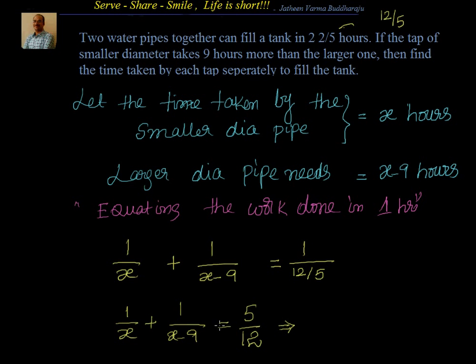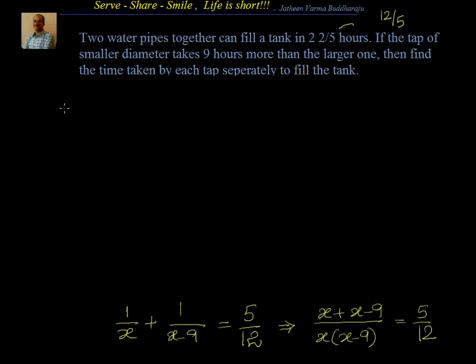We can take LCM. It will become x plus x minus 9 divided by x into x minus 9 equal to 5 divided by 12. Let's go to the next step. We'll simplify further.